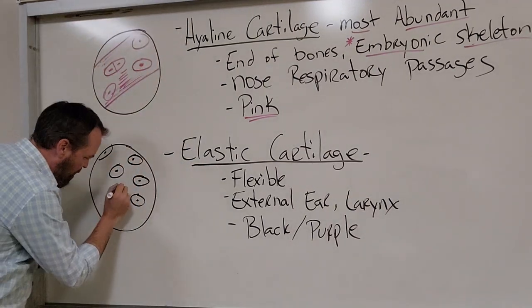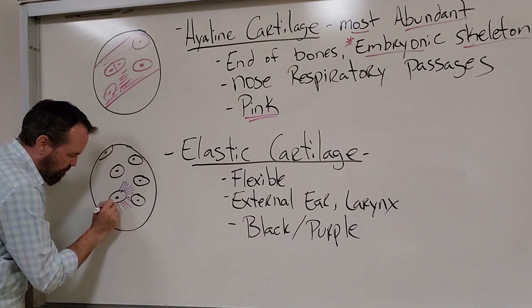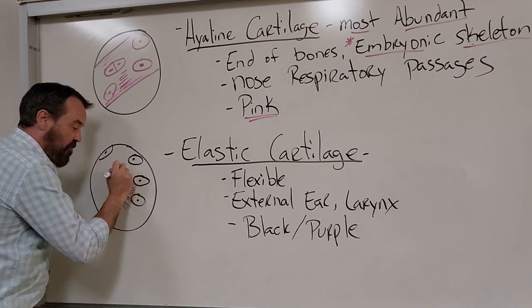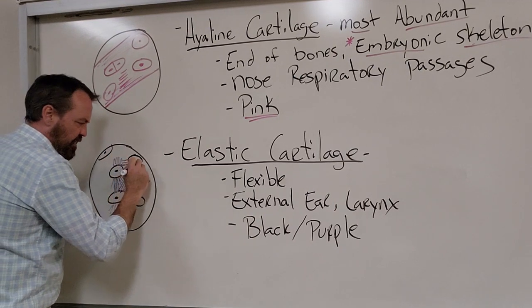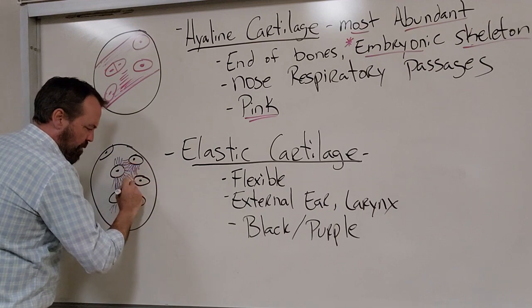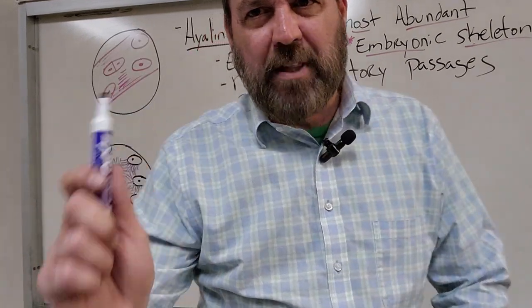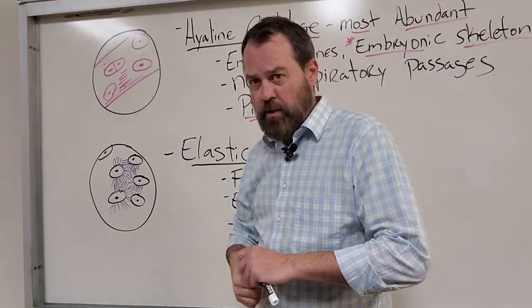So we're going all the way around again in blacks and purples, but a shorter length. And again, it's where these fibers start to cross each other that give elastic cartilage its strength and its resilience. So we're looking for the chondrocytes. We're looking for anything black and purple in that same sunburst pattern that we saw with bone.